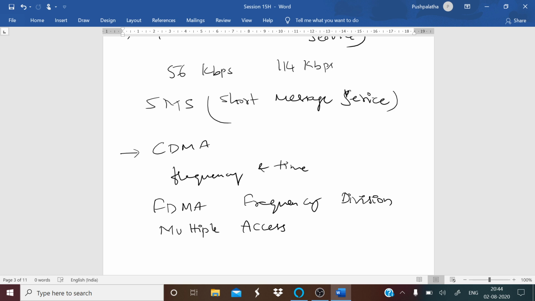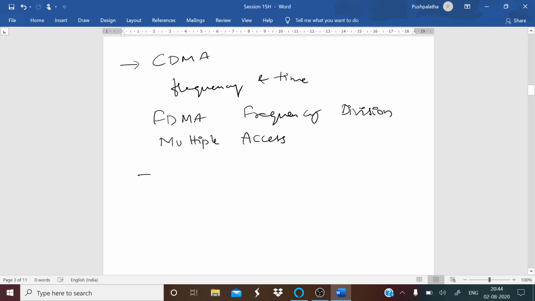For example, you might have heard about FM radios. FM is frequency modulated, like 98.1 FM, 101.3 FM. A frequency is allotted to the user. So each pair of communicators is allocated a certain part of the spectrum for all the time.